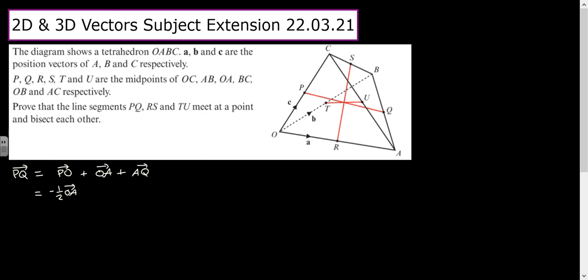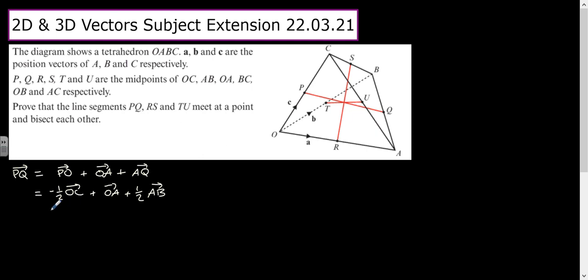It's traveling opposite the direction of that vector, so it's going to be minus, and it's half because P is the midpoint of OC. So then we're going to go along OA, and then we're going to go from A to Q. Now A to Q is 1/2 of AB.